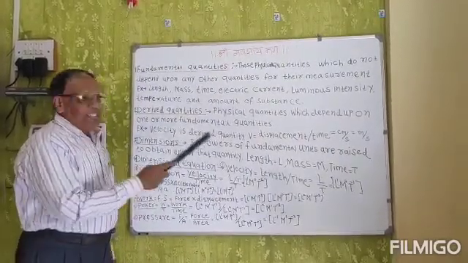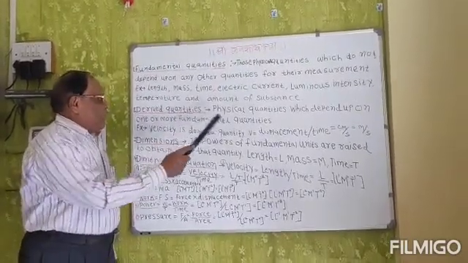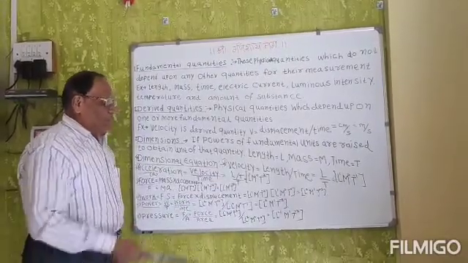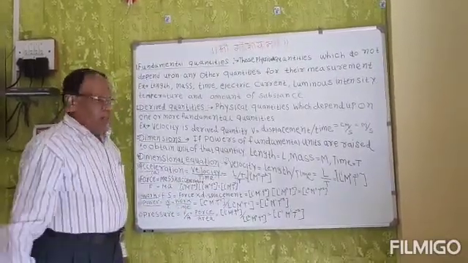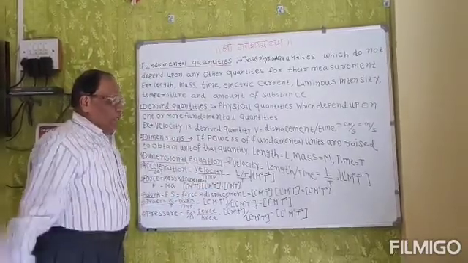While writing the dimensions of a physical quantity in derived quantities, we have to write the formula of the physical quantity, that is velocity.